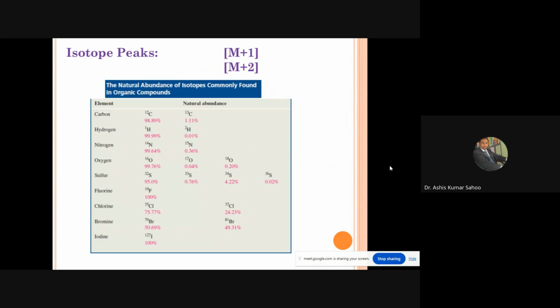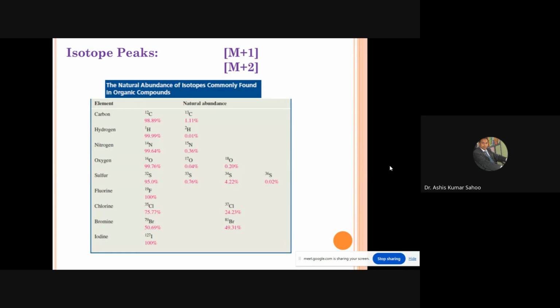Now the isotope M plus 1. If a molecule contains atoms or elements which have isotopes, in this case we get two peaks, one at the single mass and another at mass plus one or mass plus two. So what are the isotopes?